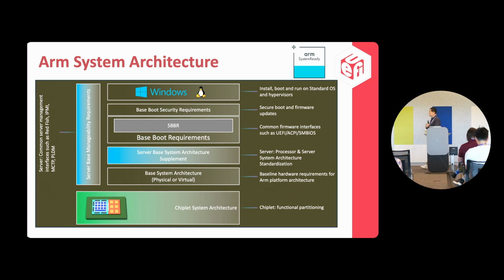So this is the diagram that could potentially help you understand how we stitch everything together and where these firmware technologies fit. You have probably heard the terms SBBR, BBR, BBSR, and System Ready, right?